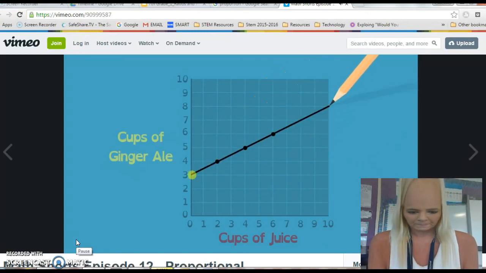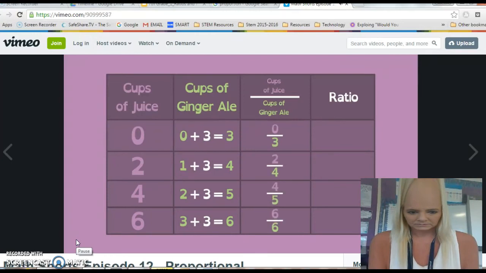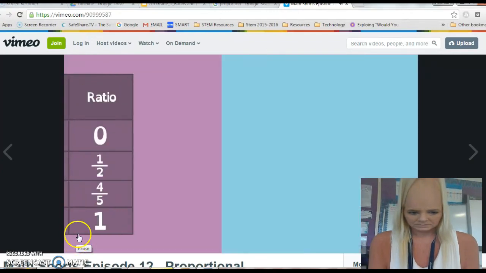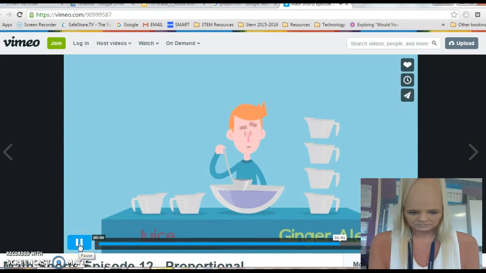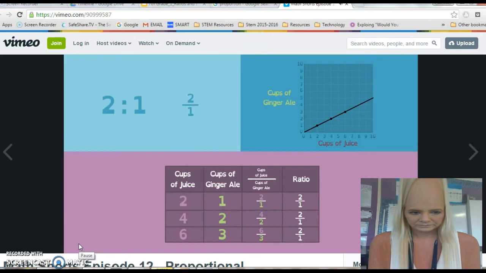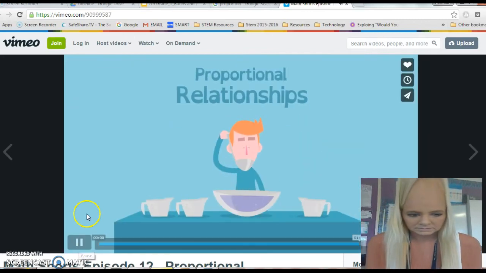The line starts at 3 cups of ginger ale, so we would need to add 3 to all our previous answers on the table. But if we do that, the ratio of juice to ginger ale is no longer constant. The 2 quantities don't increase at the same rate. This is not direct proportionality, and Carl's punch won't taste so great. Ratios, tables, and graphs can help us identify proportional relationships and make awesome punch.